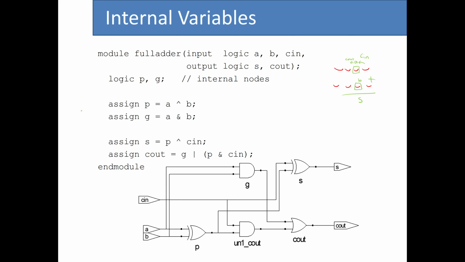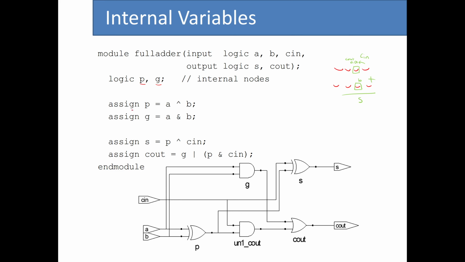So what we do is that inside the module, we define these two internal variables. We just say logic P and Q. This specifies that P and Q are logic values, so they're either 0 or 1, and their size is only 1 bit.